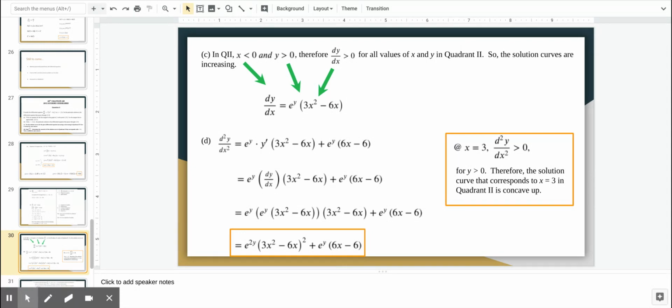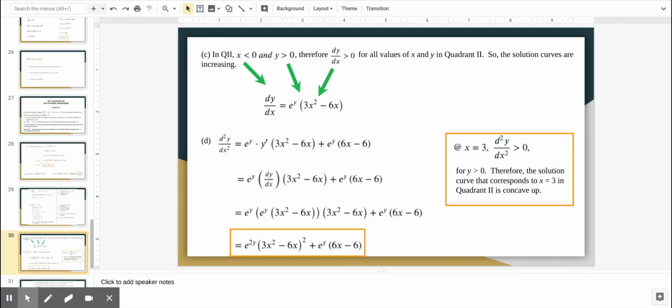Well, we've done that already. And so this kind of brings back something we've done again, which is implicit differentiation. So if you ever have to find the second derivative of a differential equation, then you're going to have to use implicit differentiation, okay? If there's a y value or some other variable that's not with respect to the one that you're taking the derivative to, which in this case is x.